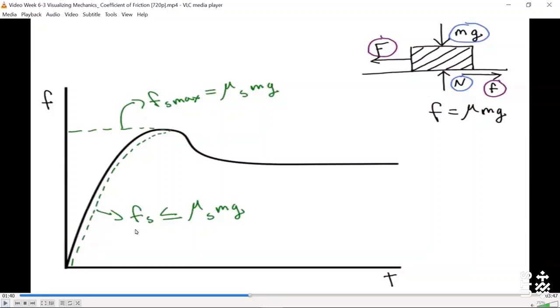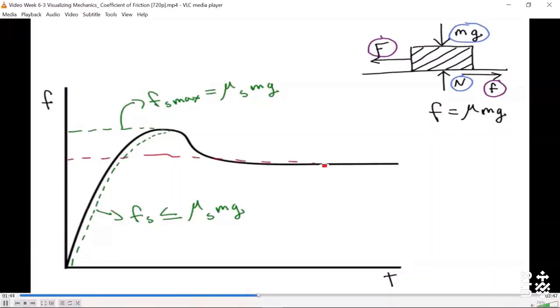But the actual static friction force may be equal to this maximum available static friction force and may be less than this maximum available static friction force.